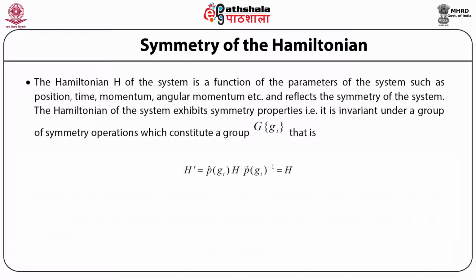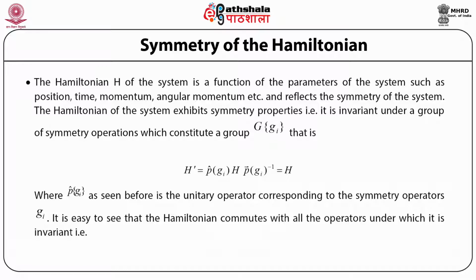So, H is invariant, that means H prime, obtained as the operator P hat of an element g_i acting on H, and the operator P hat of g_i inverse, is equal to H, where P hat g_i is the unitary operator corresponding to the symmetry element g_i.